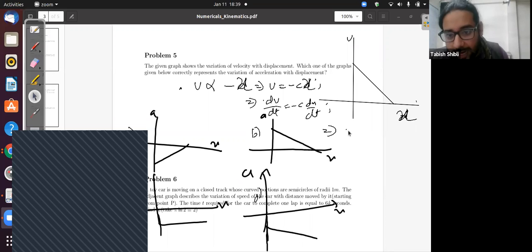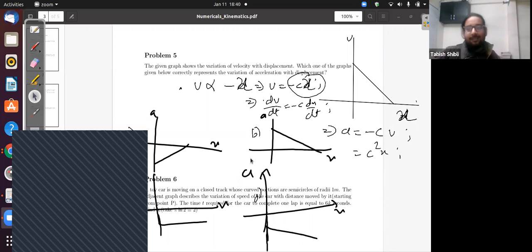What do you get? You get acceleration is equal to minus c times your speed v, and your speed is already given to be minus c times x. So put in the value. What do you get? You get c square x. So a is equal to c square x. It's linear. Linear, so C.